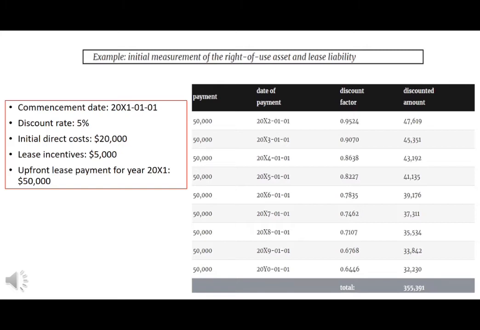The calculation will be the same for the next years. After we get all the years, we add up the discounted amounts for each year, and we get the total amount of 355,391. That total will be recognized as the initial measurement of the lease liability.